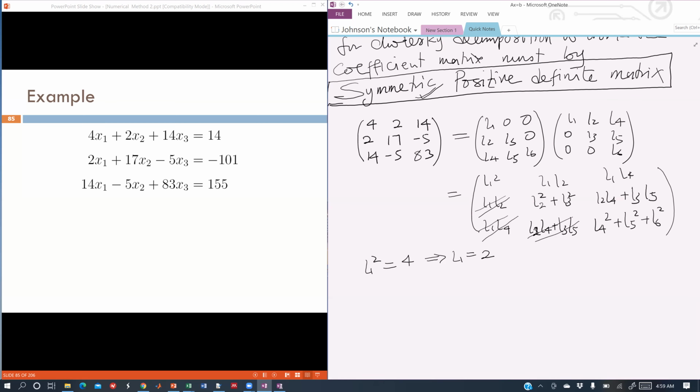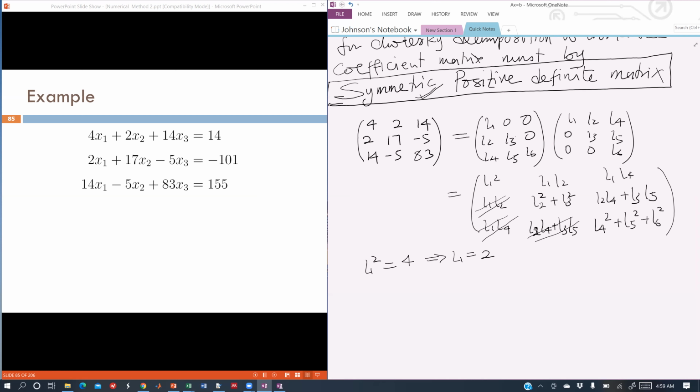The reason is that if this particular value is negative in the breakup, it may lead to a result that may not be positive definite. So we want to keep all our values from the square roots positive.